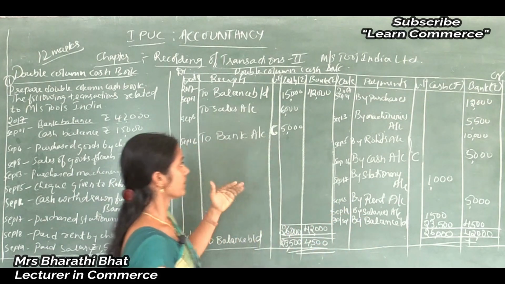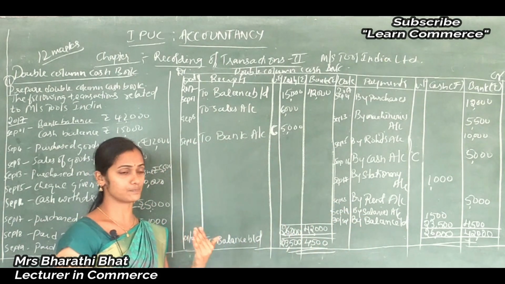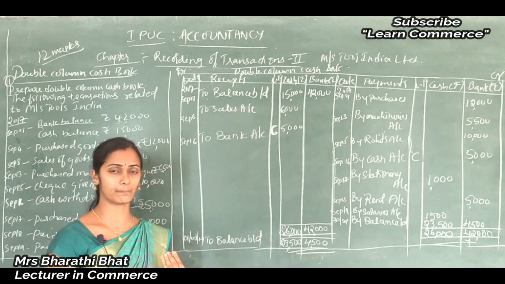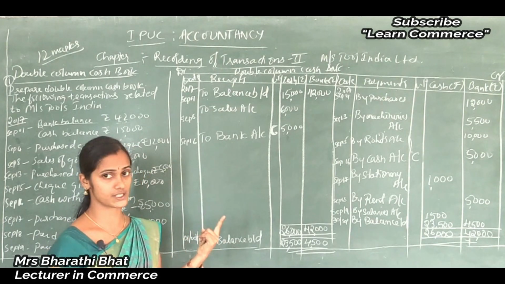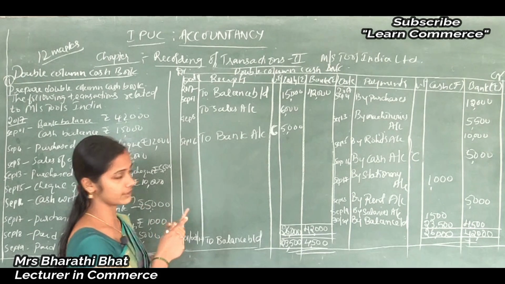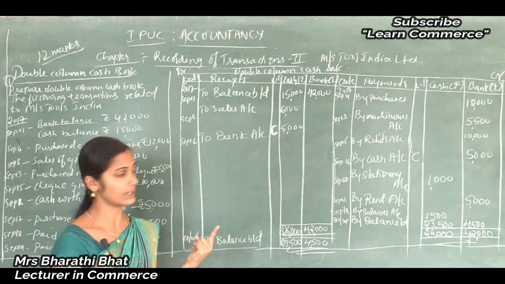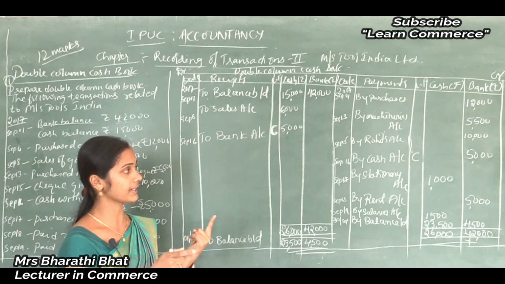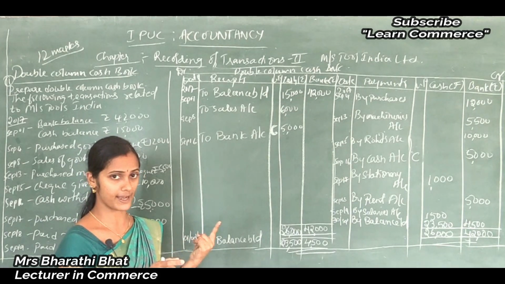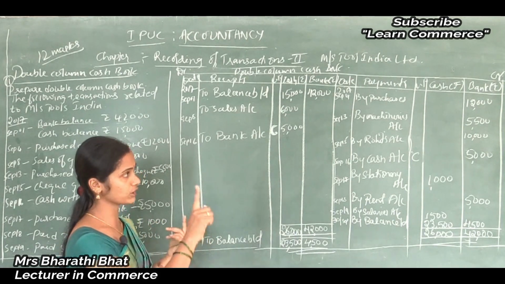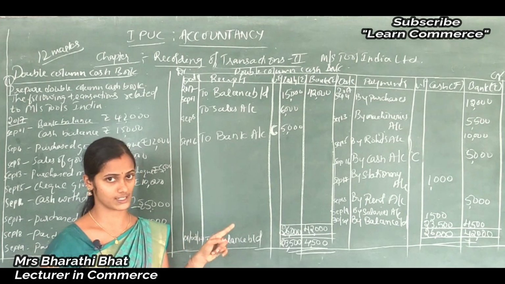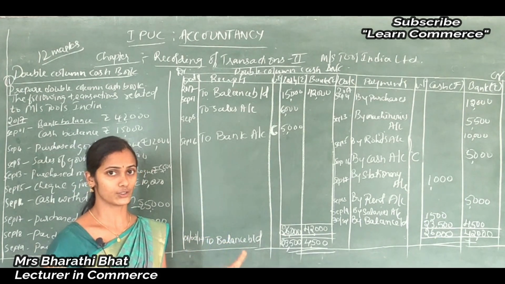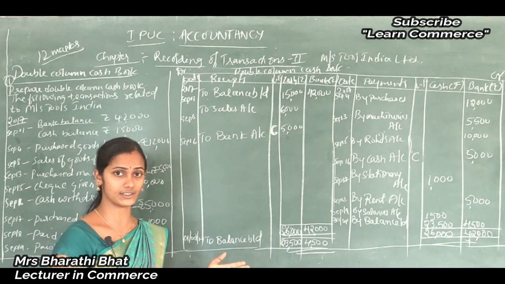Suppose cash is withdrawn from bank, then it is a receipt: write the amount on the receipt side in the cash column, and the same amount on the payment side in the bank column. Suppose a deposit: bank shows an increased value and cash shows a decreased value. We need to analyze the transaction in that way.